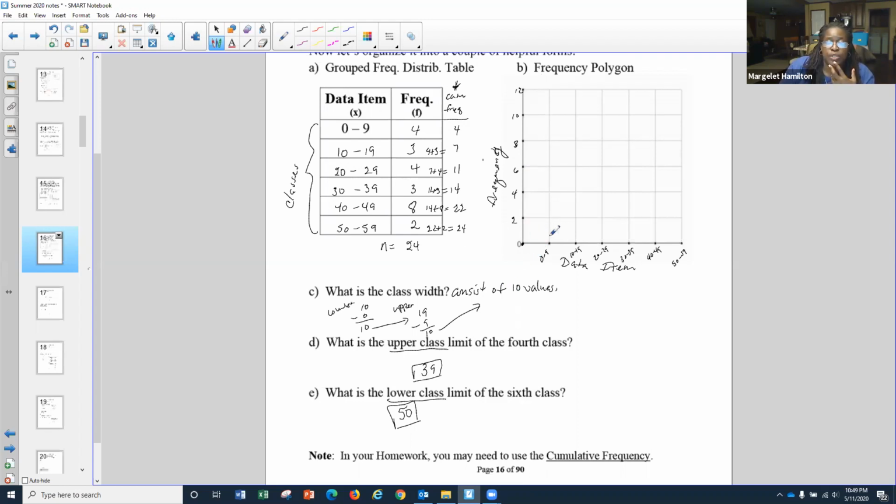So now we're going to plot our points. So our first grouping goes up to 4. Put your dot there. Right? And then 10 to 19 goes to 3. 3 is in the middle, right? So not rocket science, just do the best you can there.